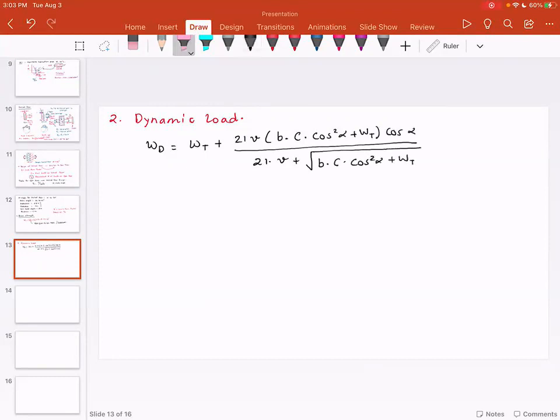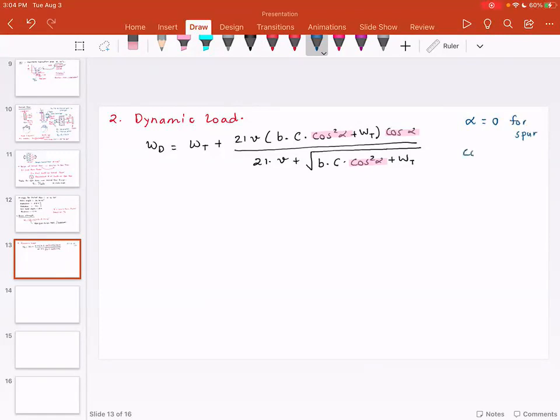Now, let me point out the difference between the helical gear equation and the spur gear equation. As you can see, in the spur gear equation, this cosine alpha and cosine square alpha factor was not in the equation. And the reason for that is for spur gear, alpha value is equal to 0.